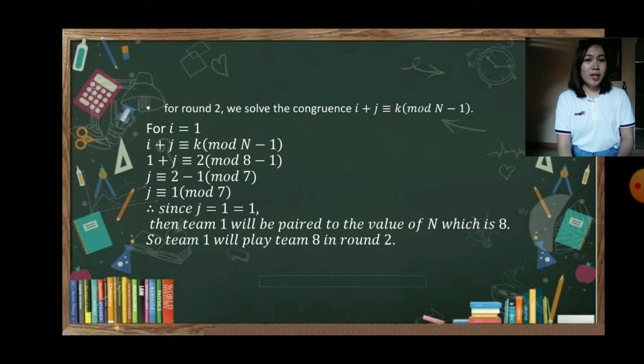Therefore, since j is equal to 1, which is equal to i, team 1 will be paired with the value of n, which is 8. So team 1 will play team 8 in round 2.